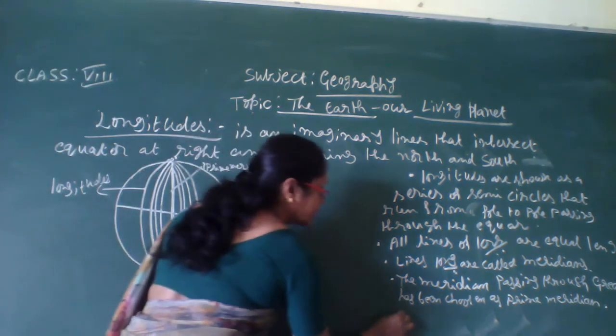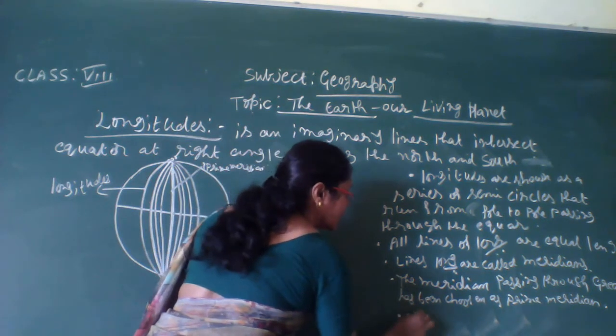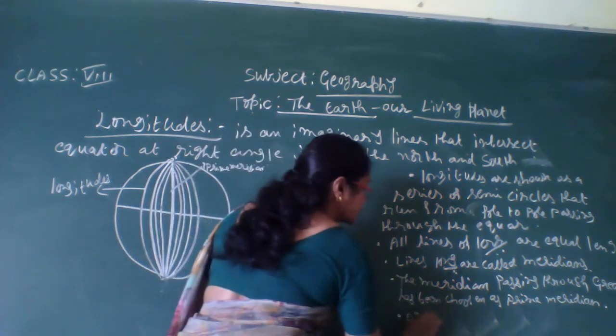What do we call the prime meridian? 0 degree longitude.